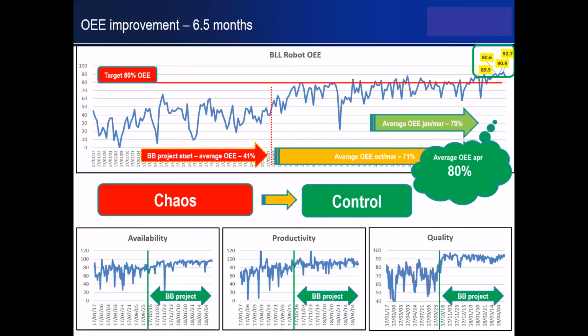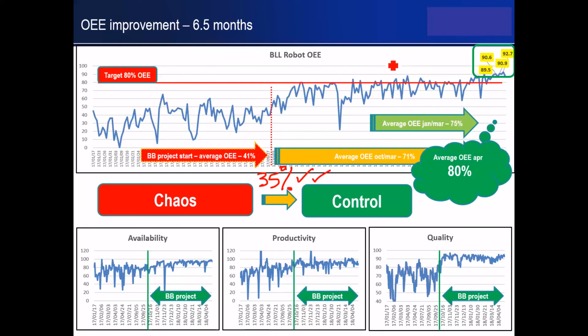What did chaos to control give her? It gave her a 35% improvement, from 41 up to 75. Now that's where all the money is. All the money is in getting control of your processes.